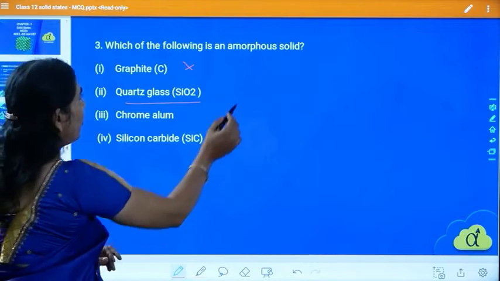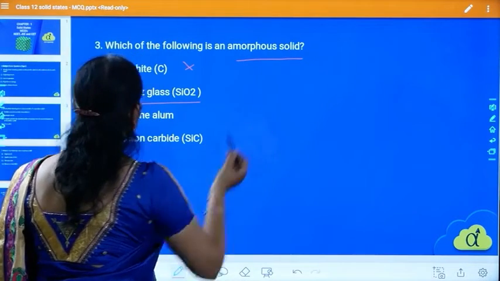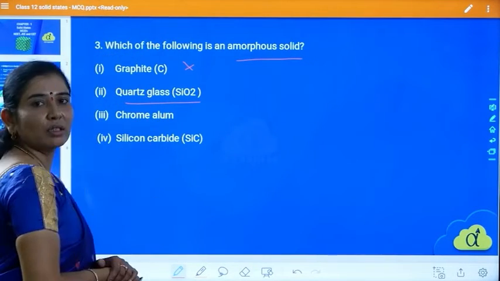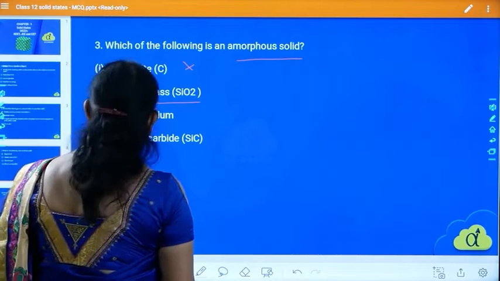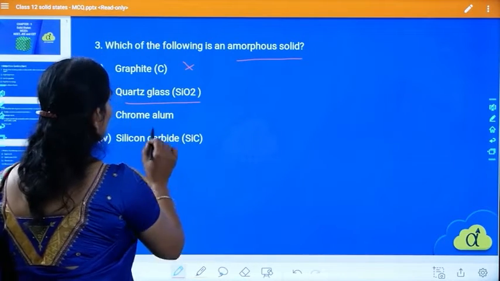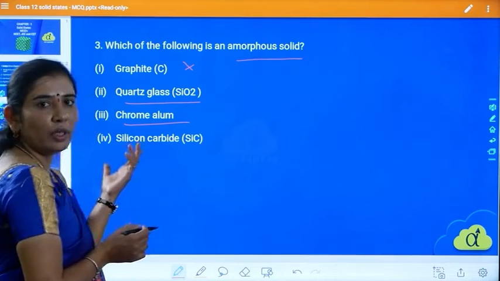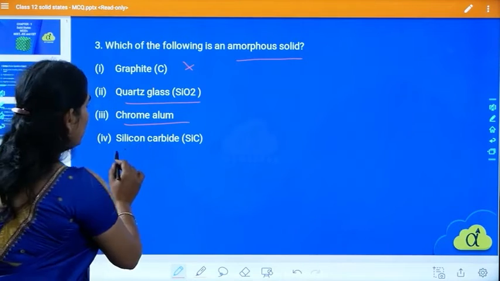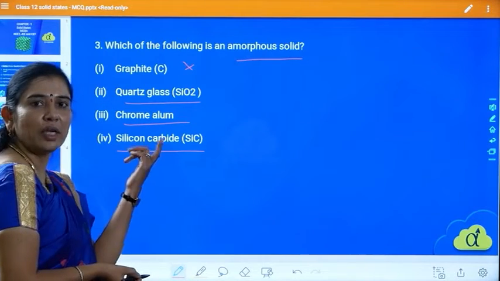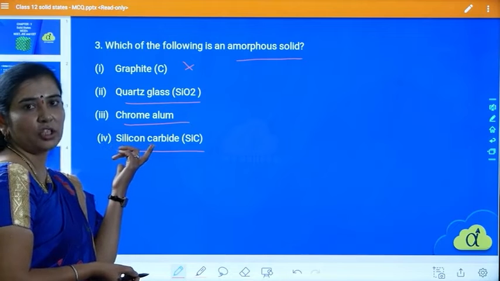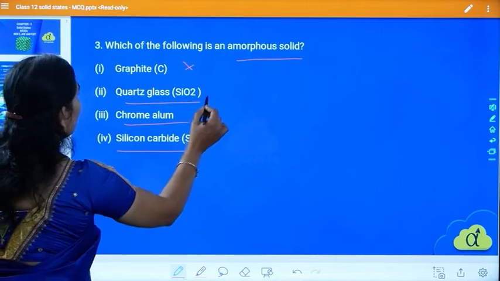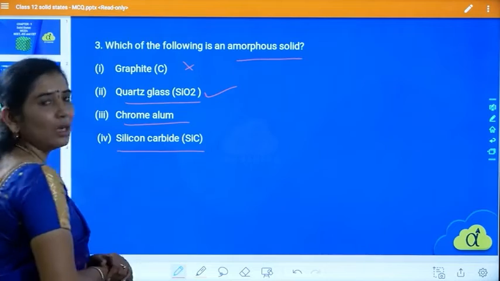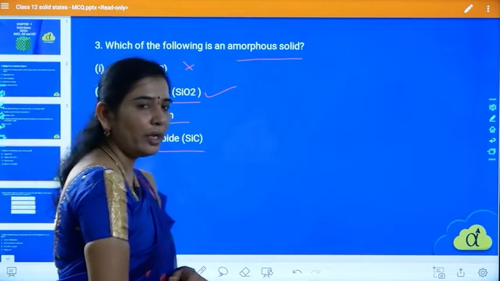So it will act as an amorphous solid. Silicon dioxide acts as an amorphous solid only. Then what about chrome alum? Chrome alum is not an amorphous solid. It is a perfect crystalline solid. Silicon carbide, again it is having a tetravalent covalent structure, so it is a highly crystalline solid. So which is the amorphous solid? Quartz. Glass is an amorphous solid.